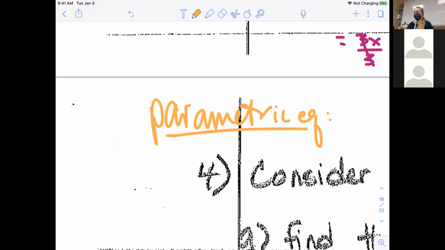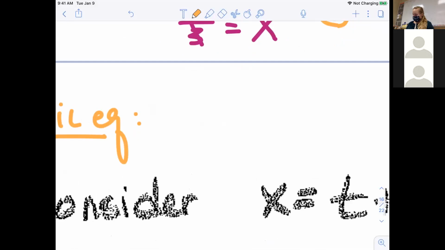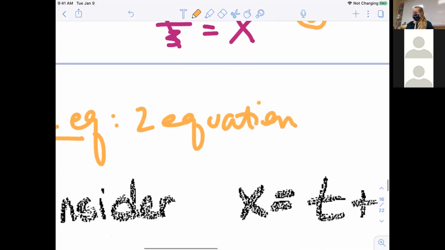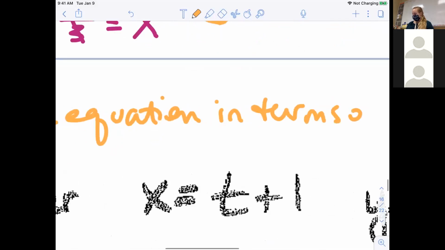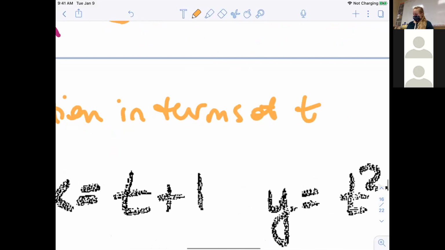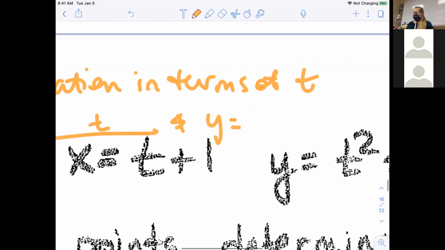All right. Okay, parametric equations are a new type of equation. Essentially, it is 2 equations in terms of t. You will have one equation that says x equals something with a t, and you will have something y equals something with a t.